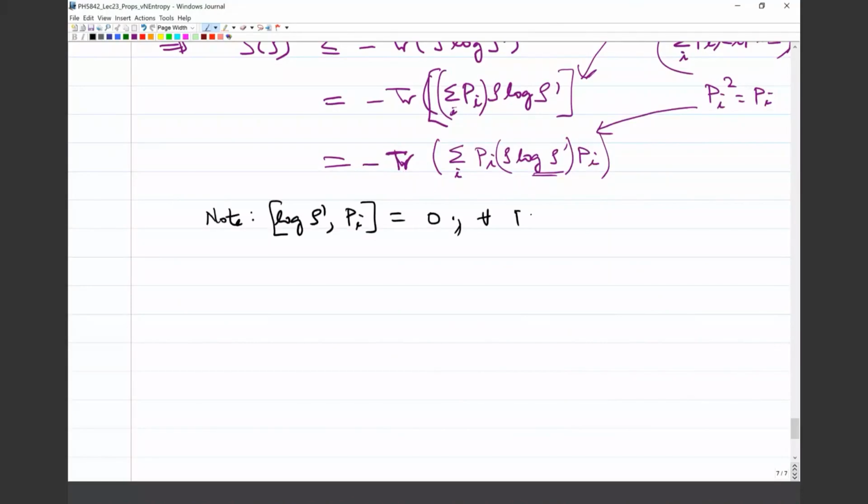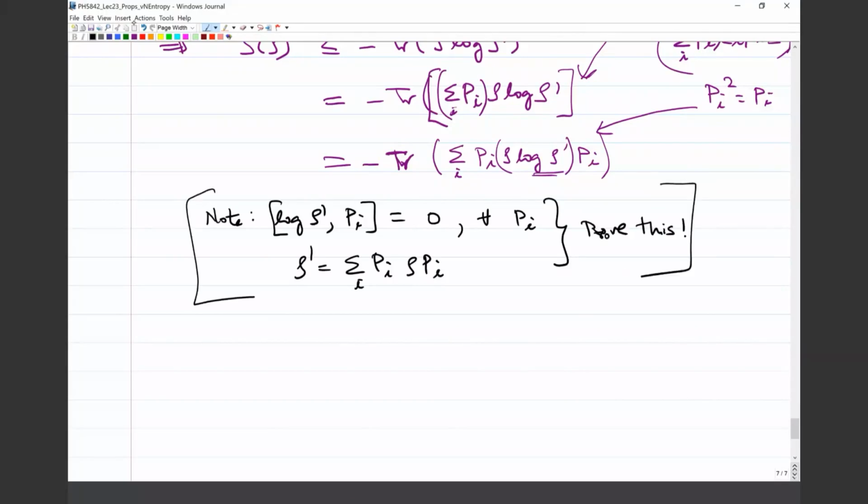So this should simply follow from the fact that rho prime is sum of Pi rho Pi. So try to prove this. That will be a good exercise for you. If you take my word for this, then the rest of the steps will just follow.